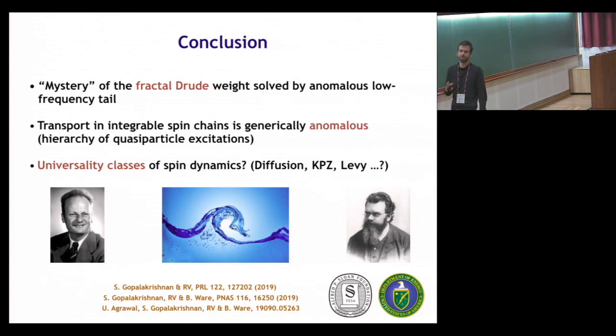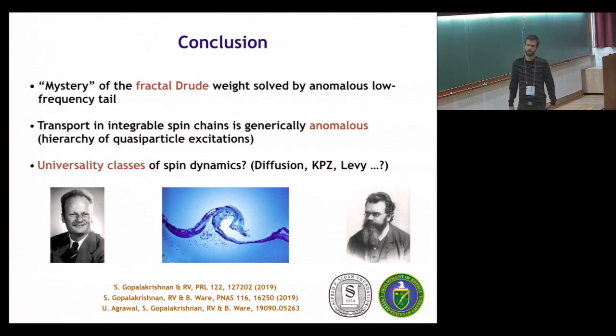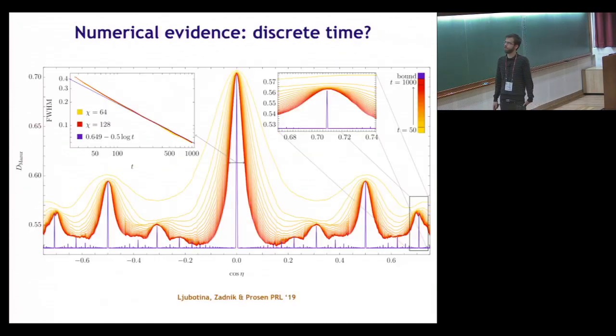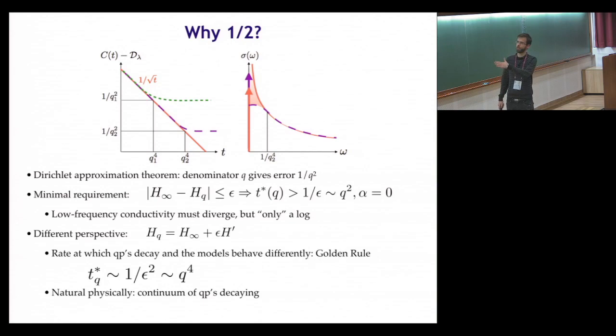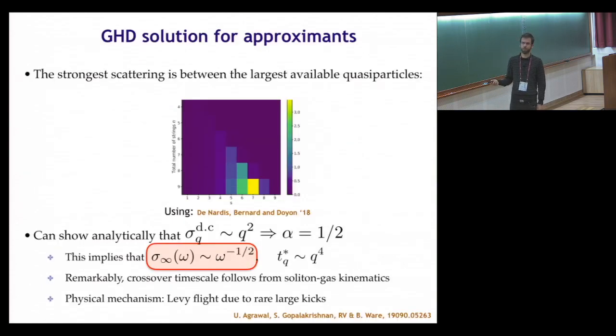But you say that it's a Levy process. It is, yes. Well, the Levy thing is not something we get for sure as the rest. The Levy picture came from thinking of a soliton gas. If you think of this interpretation in the soliton gas, the reason you have this is that the largest quasi-particle, which is charged, is having larger and larger kicks. That's what gives you this anomalous process.